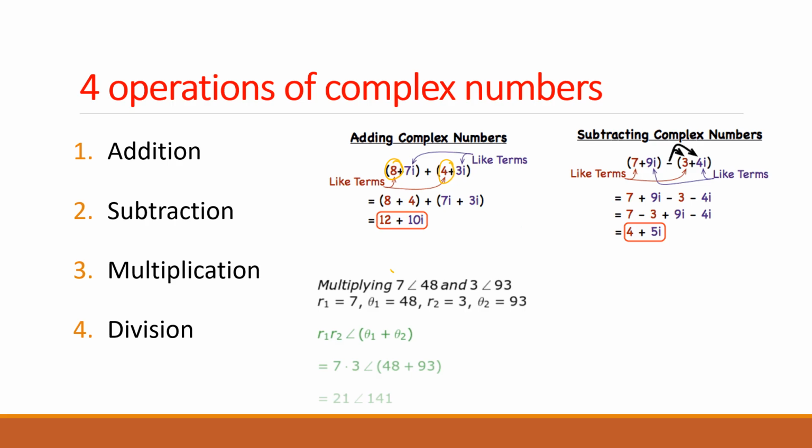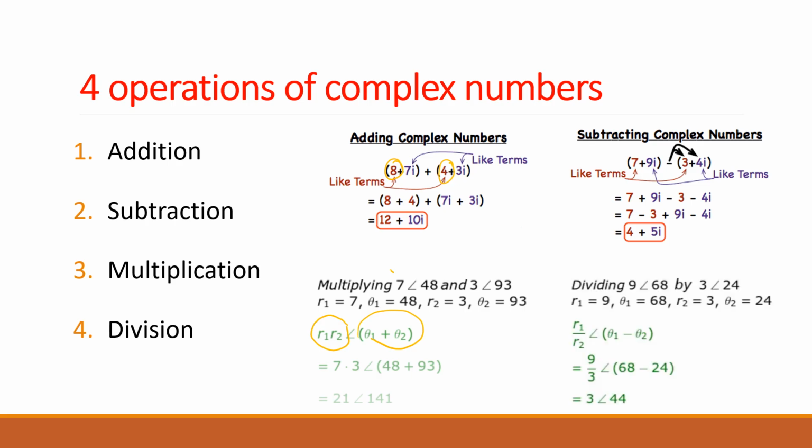And how about the multiplication and division? I told you, you can do it easily in polar form. When you have the polar form, you can multiply the R values and add the angles together. That's how we can multiply. When you do division, you can divide the R's and subtract the angles.